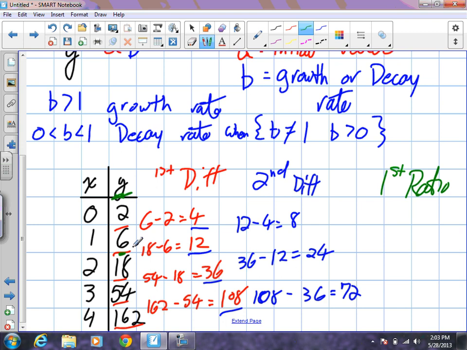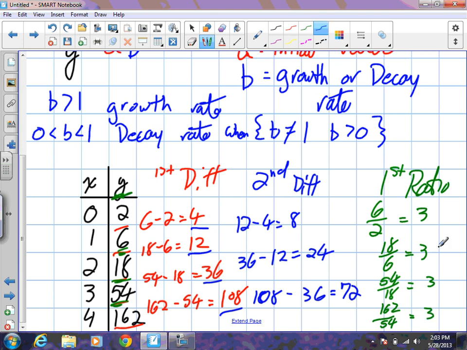So we're going to take the ratios. 6 divided by 2 gives us what? 3. 18 divided by 6 gives us 3. 54 divided by 18, did you try it on your calculator? And 162 divided by 54? 3. Okay.